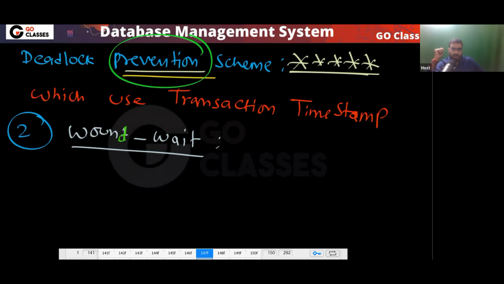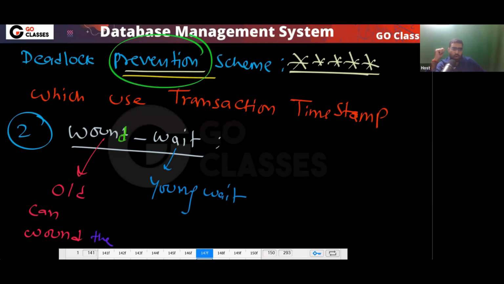Very good. So old can wound. Wound means abort. Old can wound the other person and younger will wait. So you can see younger waits, and older can wound the other transaction.